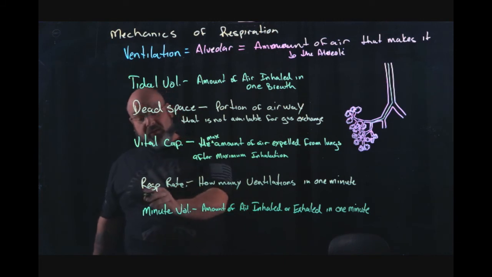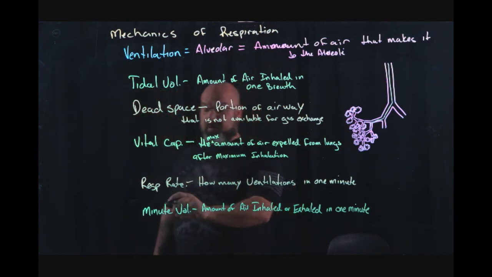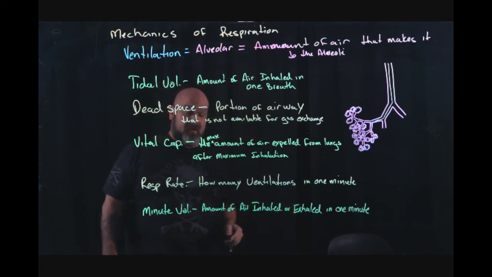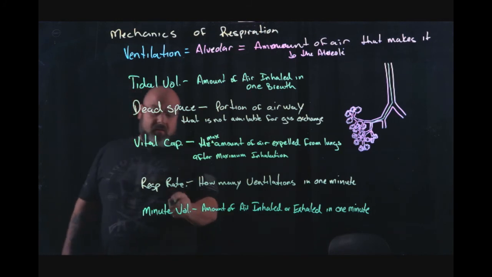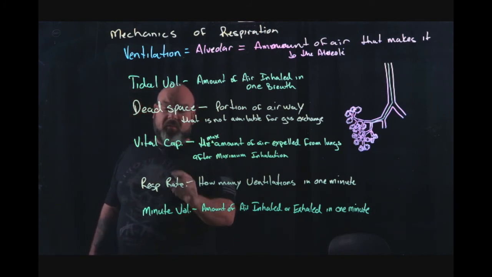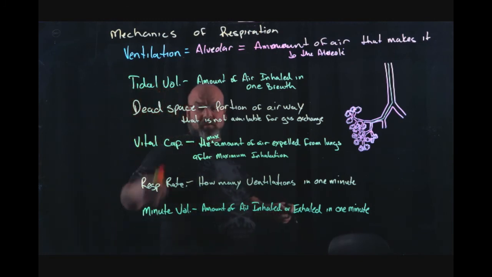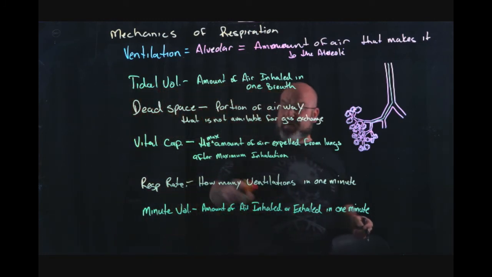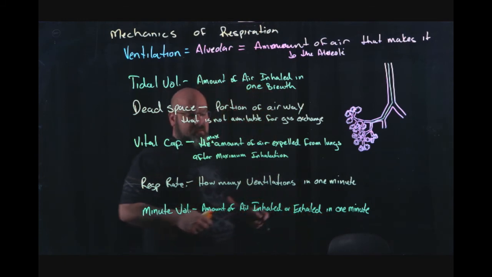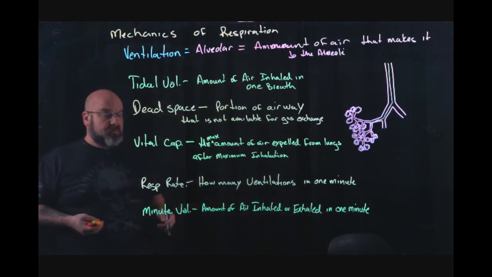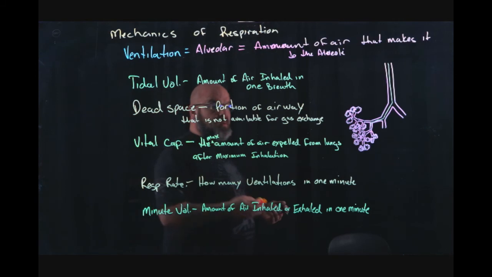So that's why, to figure minute volume, we need to know respiratory rate. To know minute volume, we need to know respiratory rate and tidal volume, so that we know what amount of air to multiply by the number of breaths within the 1 minute.